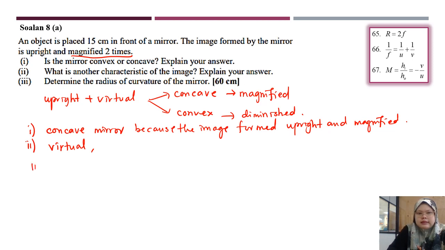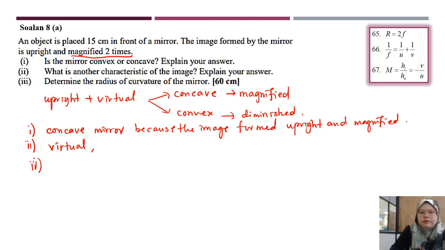Next, dia suruh you determine the radius of curvature of the mirror. So for you to determine the radius of curvature of the mirror, awak kena cari dia punya focal length dulu.